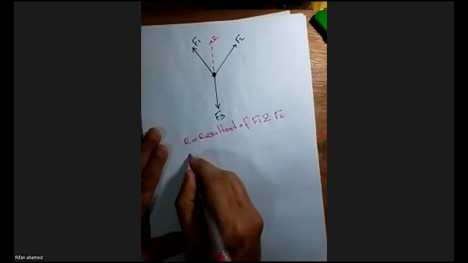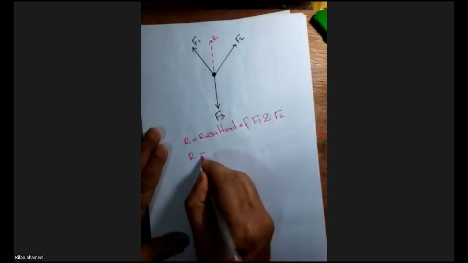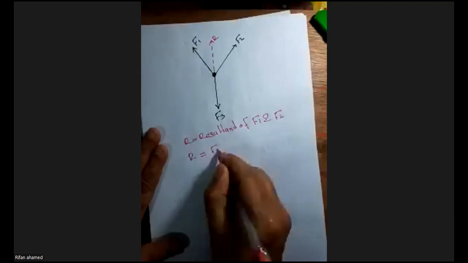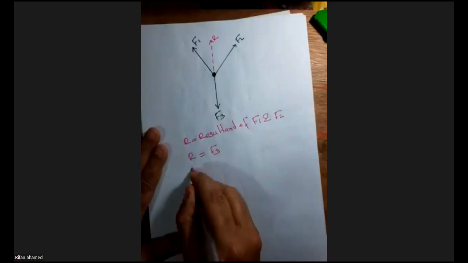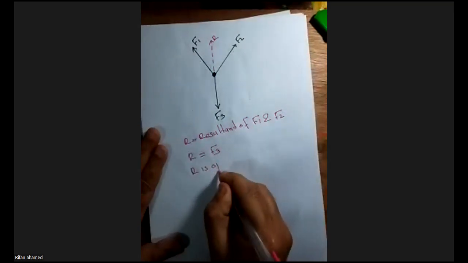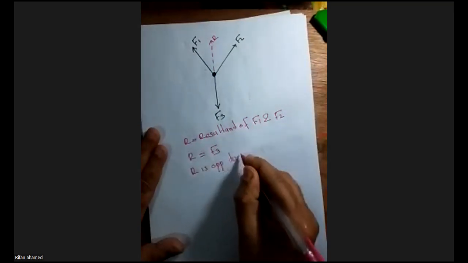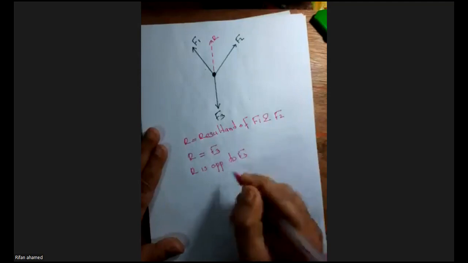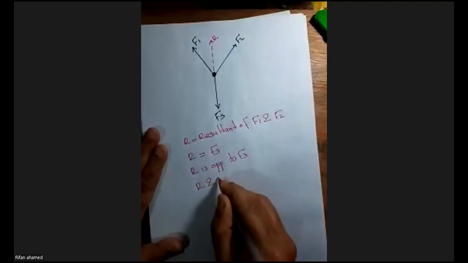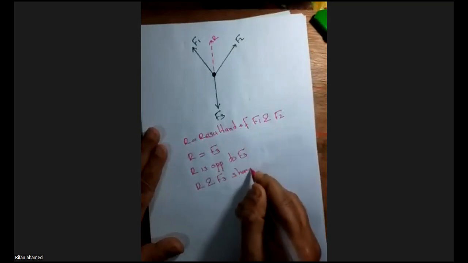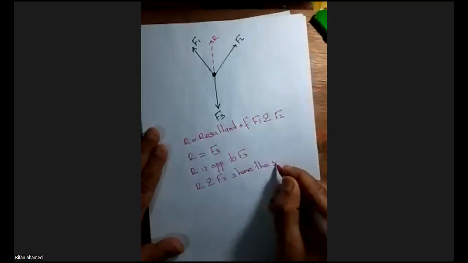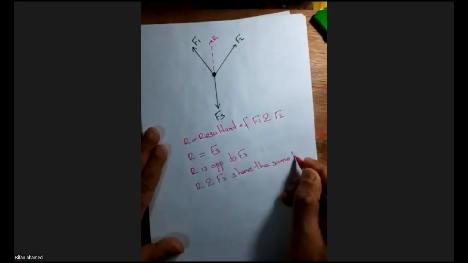This R is equal to F3. This R is opposite to F3. This R and F3 share the same line of action.